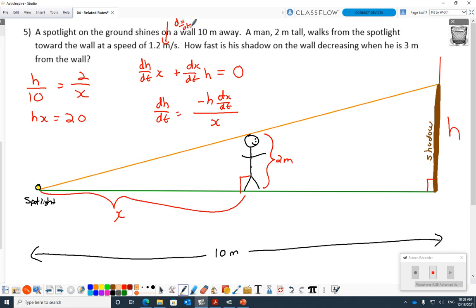Do I have x, how far he is from the spotlight? Yep. How do I have that? You know his distance to the wall, so you can just subtract that from the total. Oh, yeah. He's 3 meters from the wall, so that means x equals 7. Sub in x equals 7. dx/dt equals 1.2. But I don't know the height of the shadow.